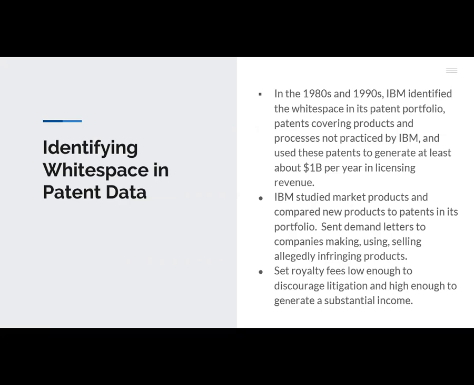IBM studied market products and compared new products to patents in its portfolio. They sent demand letters to companies making, using, selling allegedly infringing products, and they set royalty rates low enough to discourage litigation and high enough to generate a substantial income.